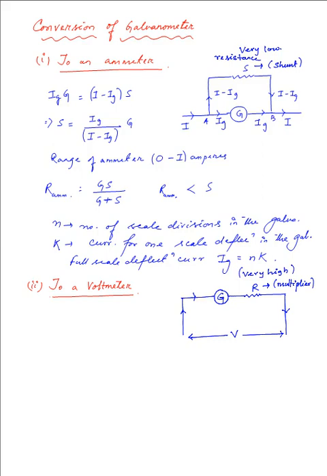Now, as far as the resistance of the voltmeter is concerned, we can calculate it in the following manner. As this is connected in series, we consider 2 points over here, let us say A and B, and between those points A, B we have the voltage V applied by the circuit.